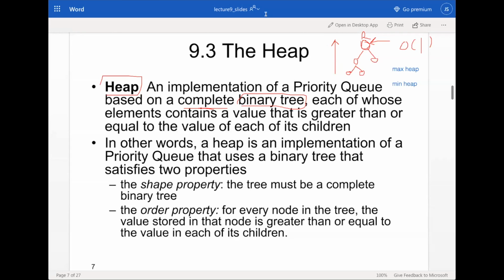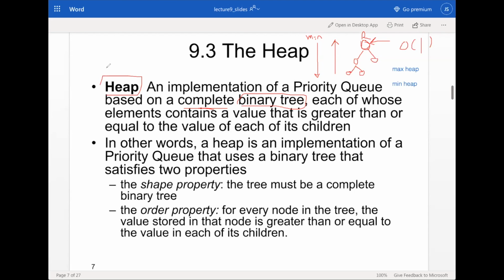And in that case, the order of importance goes down from the root. For a minimum heap, it starts with the root being the lowest priority, and then all the way down to the bottom, where you get the higher priority items.